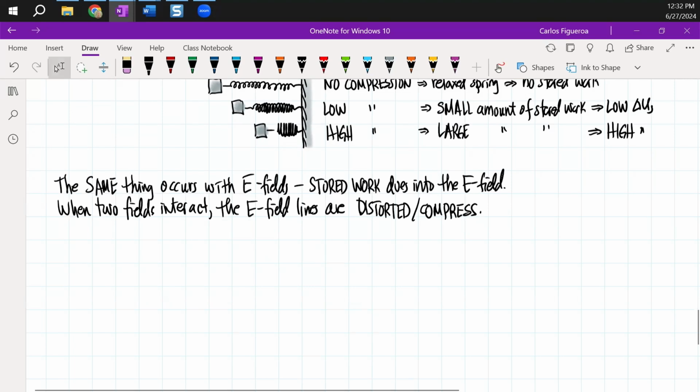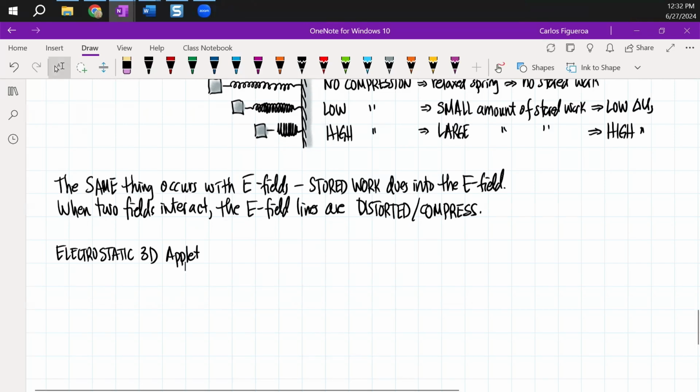So if I look at this, what I'm going to do here is look at images. What I did here is that I used this app called the Electrostatic 3D applet.